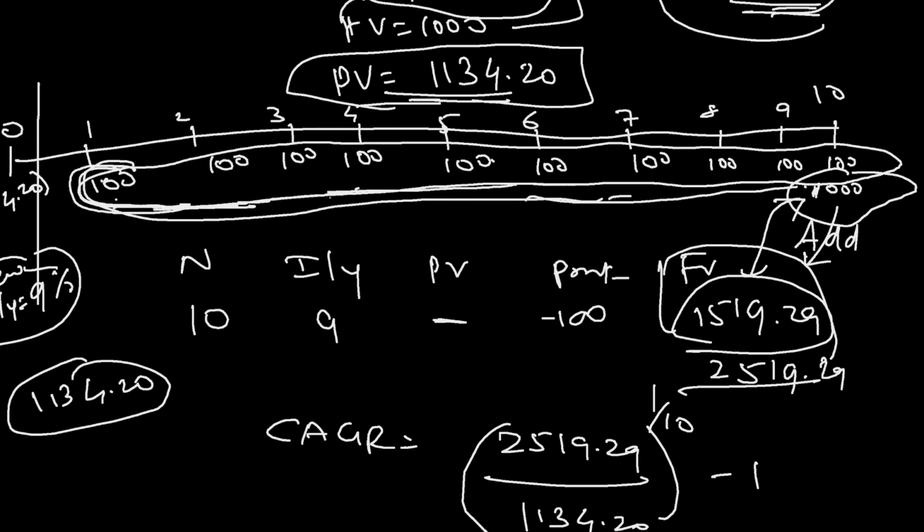Then I would have reinvested all at the lower rate, and so my overall return will be less than 8 percentage. So let me prove that as well. So if the interest rate comes down to 7 percentage, 1 2 3 4 5 6 7 8 9 10.